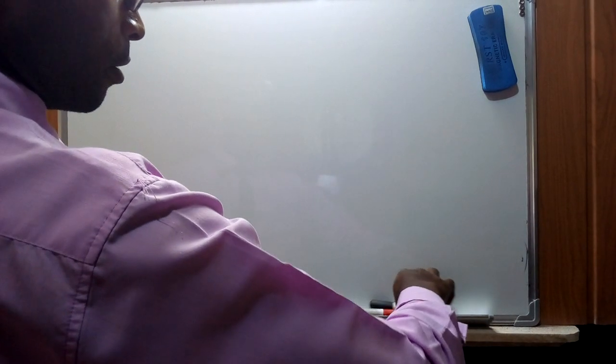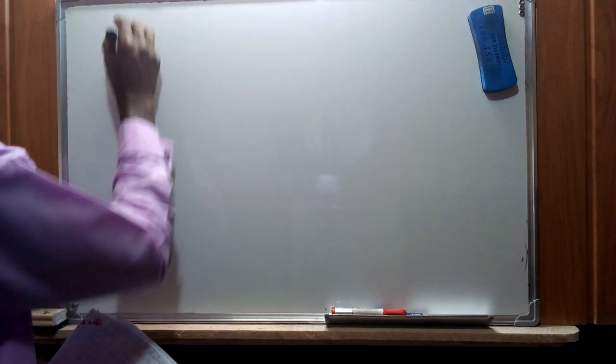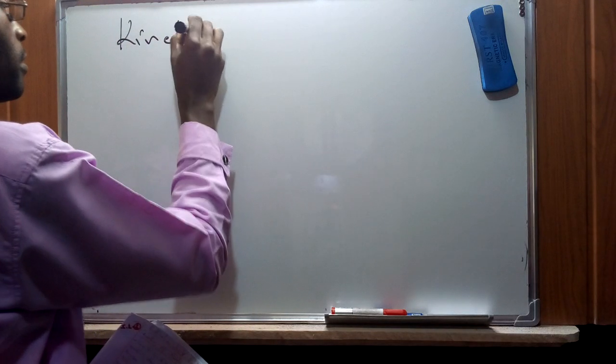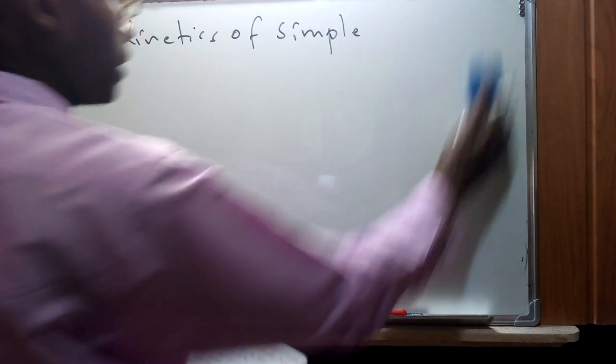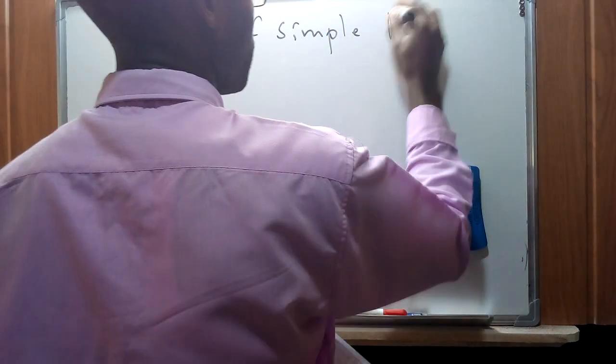So our topic of discussion for today is going to be the way in which we can represent radioactive decay. And that basically entails the kinetics of simple radioactive decay.